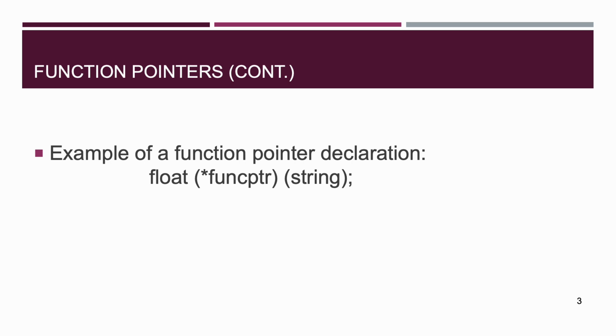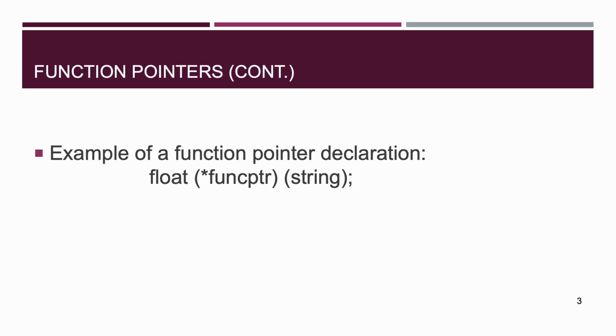Then it will be easier for you to relate the name with the function. Then we have string, which indicates the parameter types of the function that function pointer will point to. Here it's a function that takes a string as an argument.